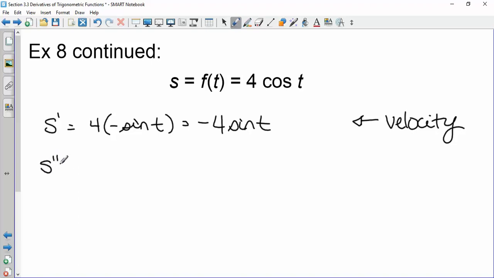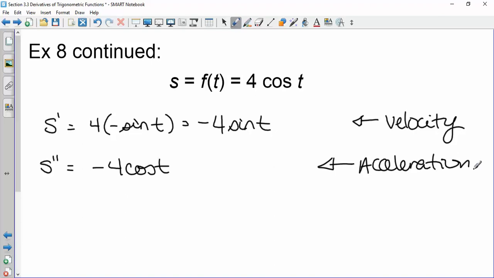Second derivative would be what? Negative 4 derivative of sine is cosine, and that is the acceleration. And I didn't ask you to find it at any particular moment in time, so that's all we have to do.